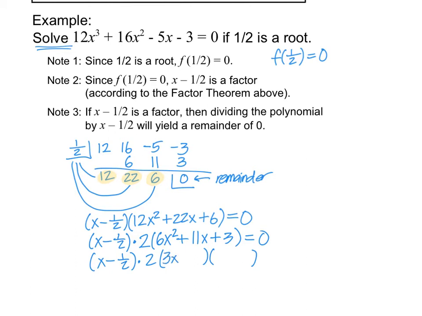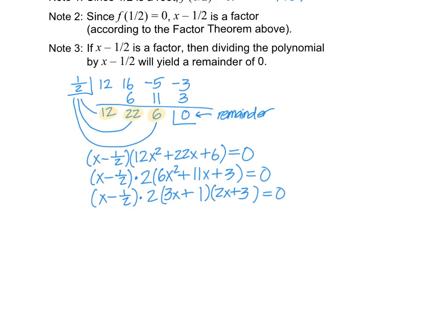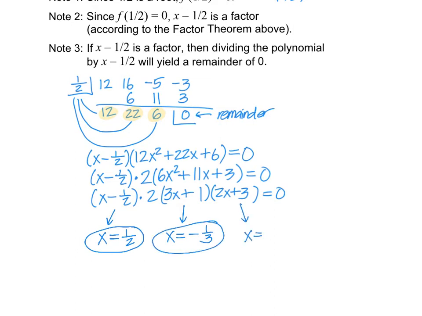I split it into 3x and 2x and 3 and 1, and indeed it factors. Now we're going to use what we call the zero product property, which means that this gives us x equals 1/2. This gives us x equals -1/3. And this here gives us x equals -3/2.